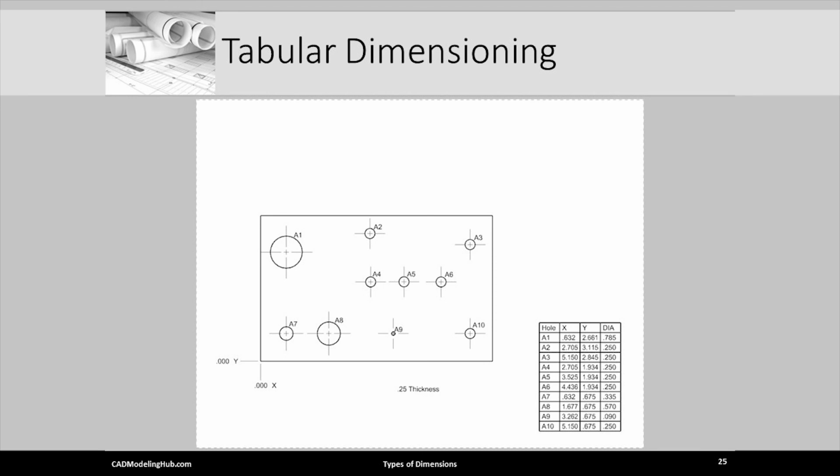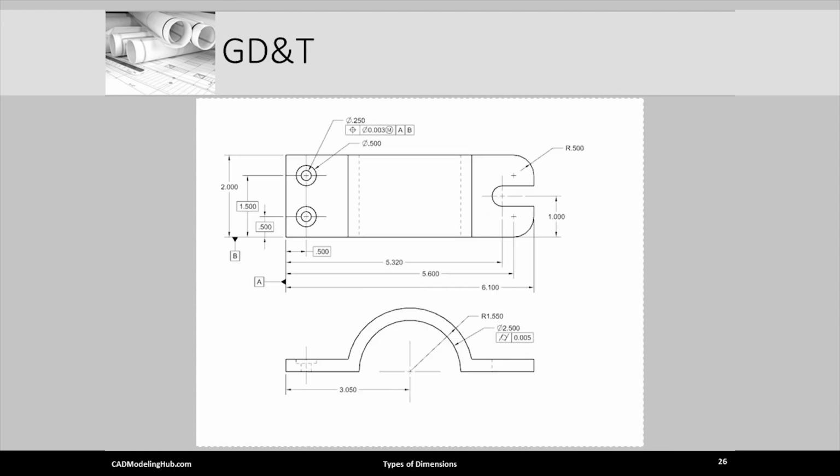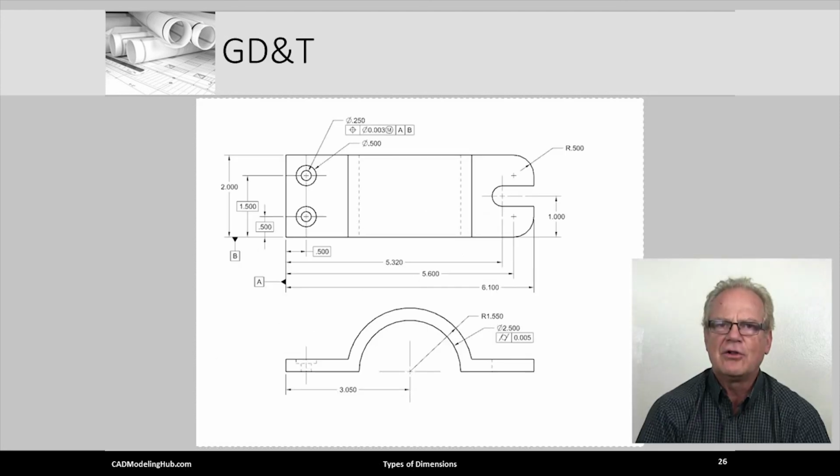Our last dimensioning style or example uses geometric dimensioning and tolerancing to not only specify size and location of features, but to also use special feature control frames to specify such things as basic dimensions, true positions of holes, cylindricity, and so forth.